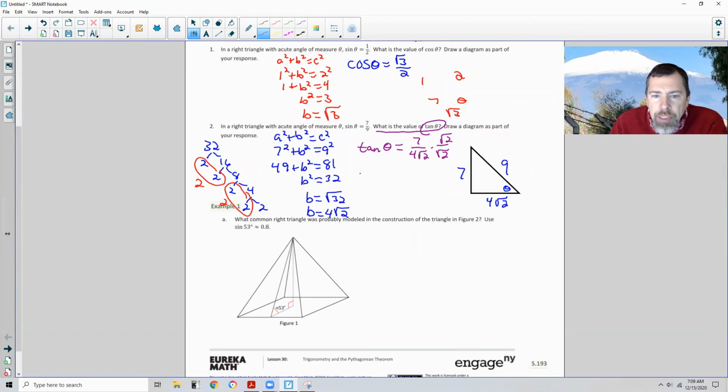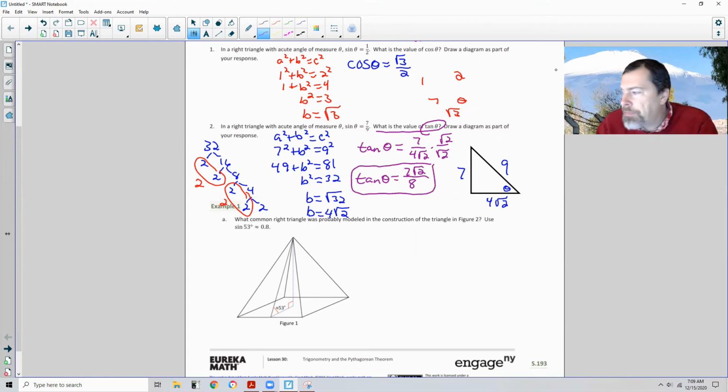That gives me the tan of theta equals 7 times the square root of 2 as my numerator, which is 7 root 2. Root 2 times root 2 is 2, and 2 times the 4 outside gives me 8. So the tangent theta is 7 root 2 divided by 8.